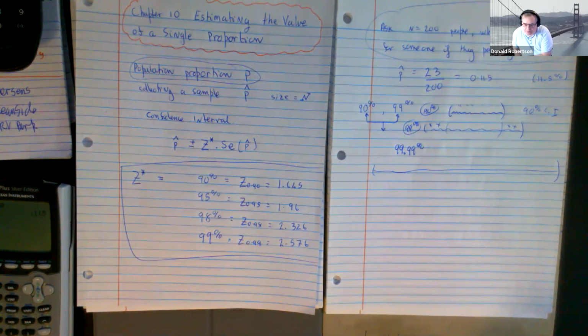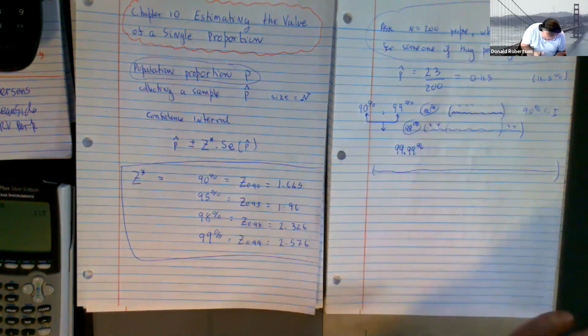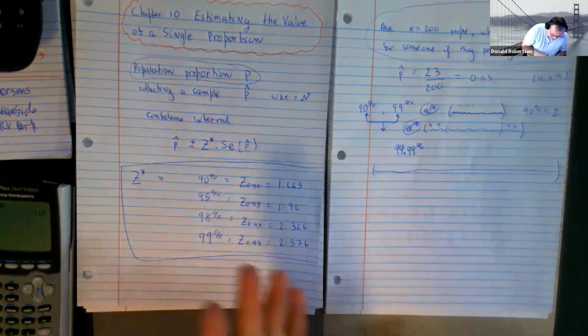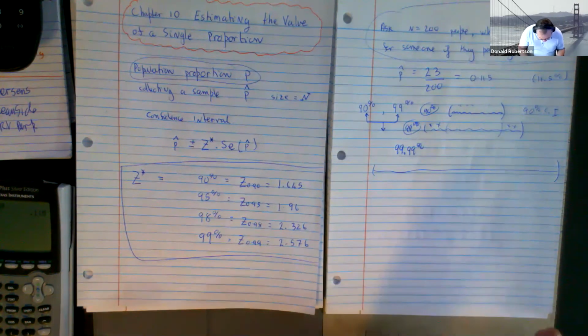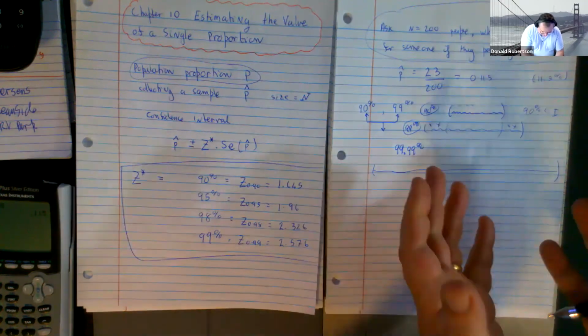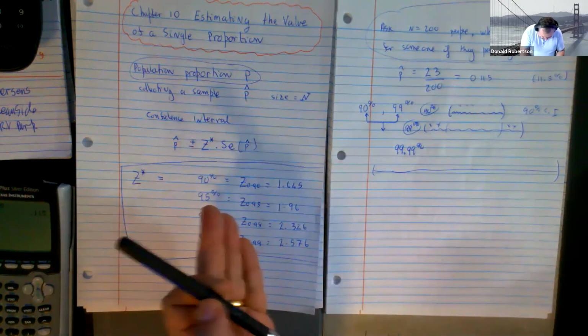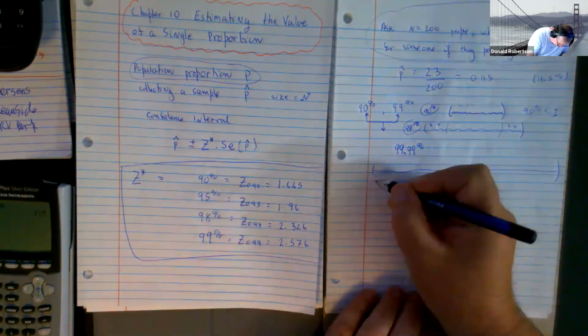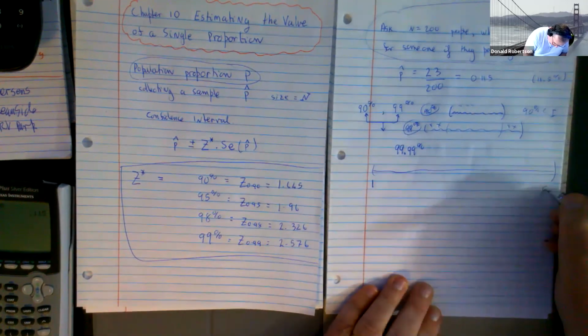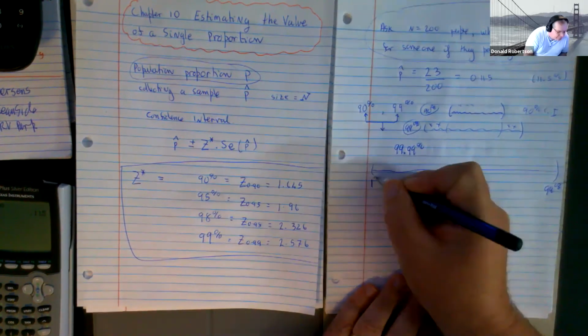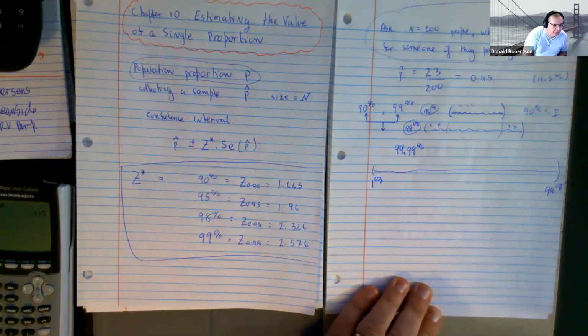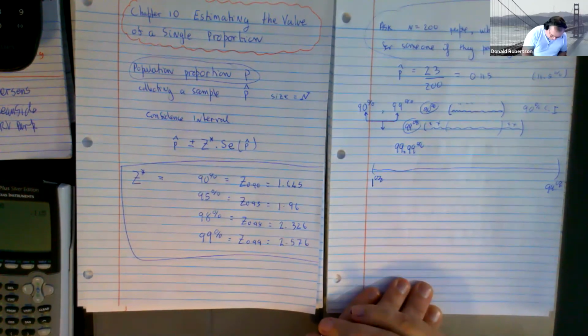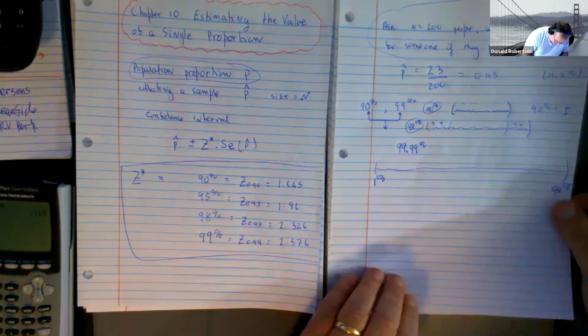We're never going to be sure that the true answer is in, and we'd like the interval to be reasonably small, because small gives us a good idea of where it is. Whereas if the interval is huge, we really don't know anything very useful. Imagine I said the answer was somewhere between 1 and 99%. What does that tell me? It tells me almost nothing. So there is going to be a balance between these things.